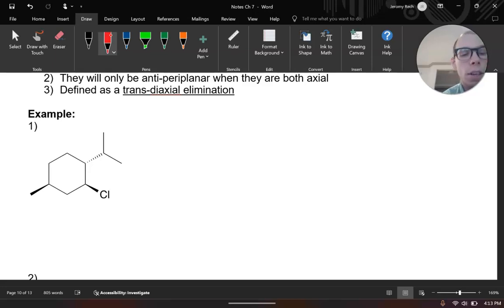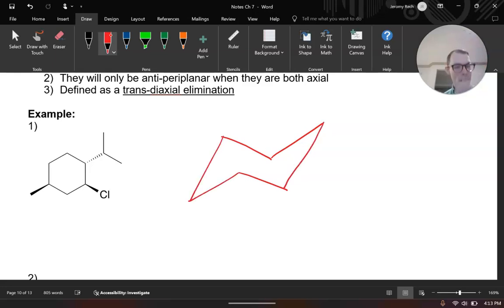So let's draw the chair conformation for this. I'm going to start by drawing a base chair: 2 slanted horizontal lines, then 2 vertical ones, and then we'll complete it. So there's my base chair. To make things a little bit easier, I'm going to define my chlorine as being in the 1 position, and we have a wedge, which we're going to describe as up.